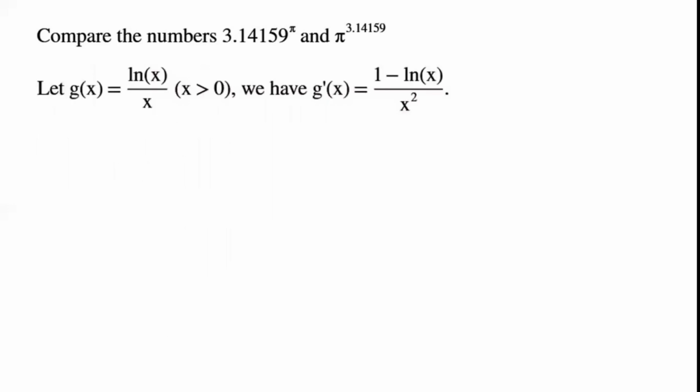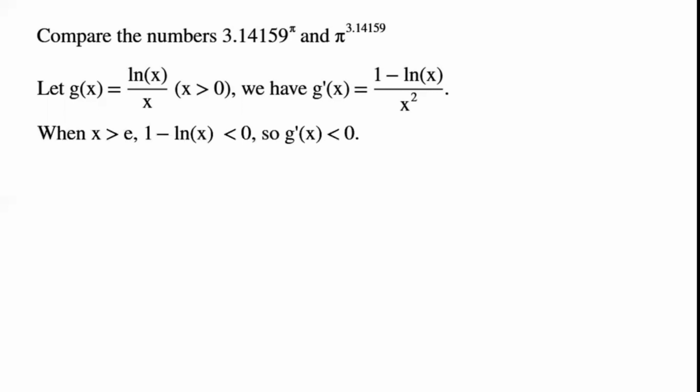Let g of x equal ln x over x, x is greater than 0. We have g dash of x equals 1 minus ln x over x squared.